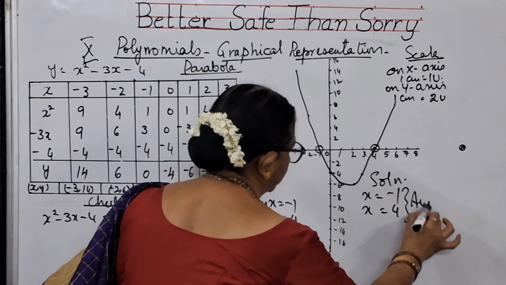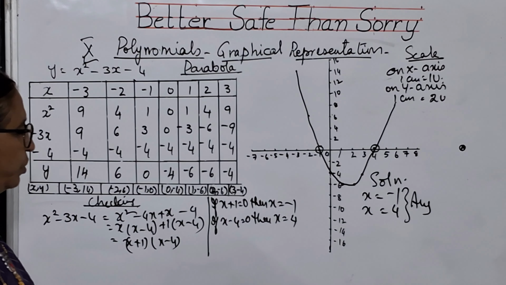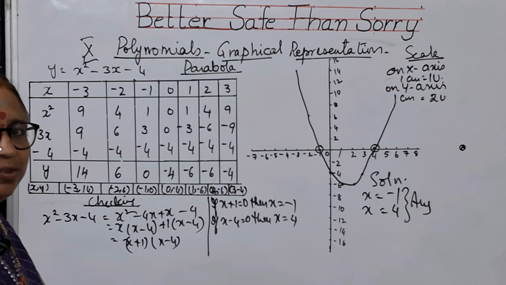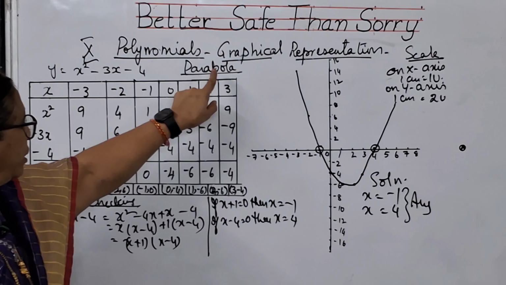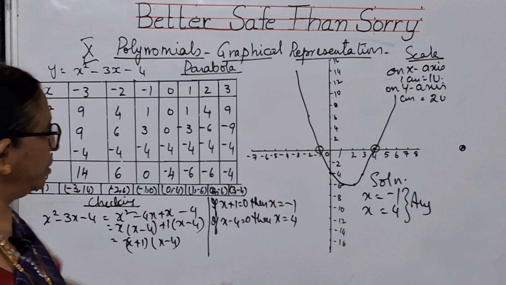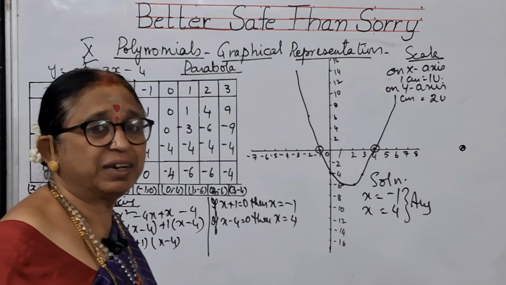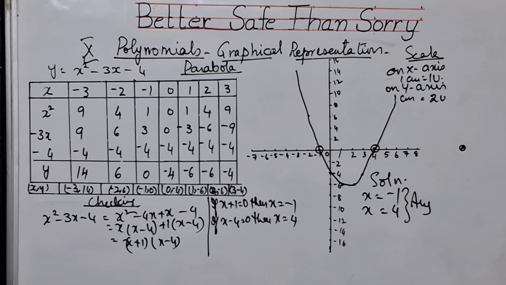These are the solutions. So checking will tell you the exact answer. I hope you have understood, children, how to keep this parabola in your graph. You can do it very easily on the graph chart. Do it.